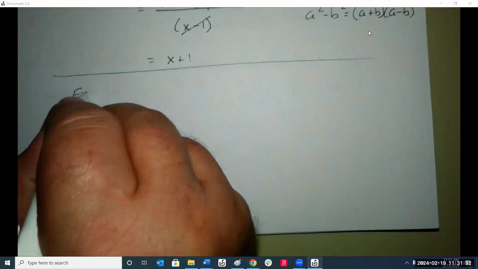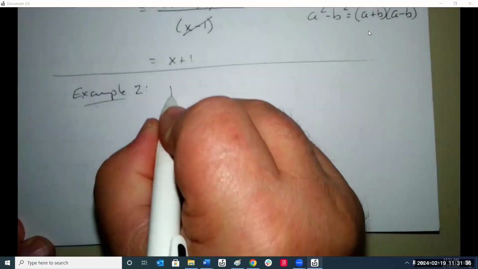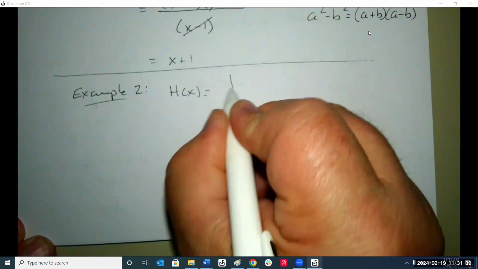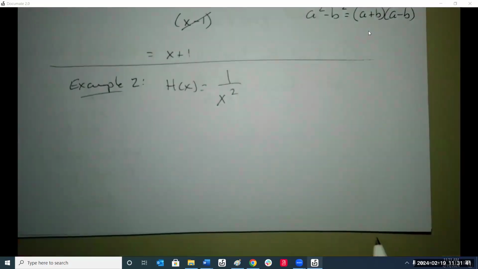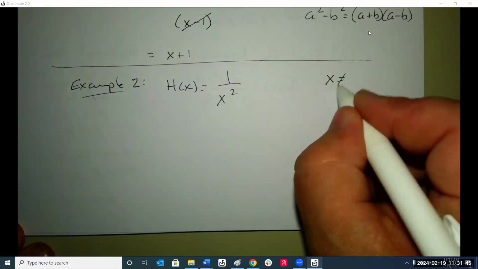Let's look at example 2. One over x squared. This one says that x cannot equal 0.